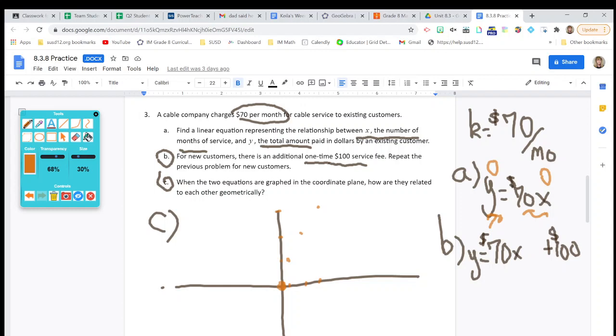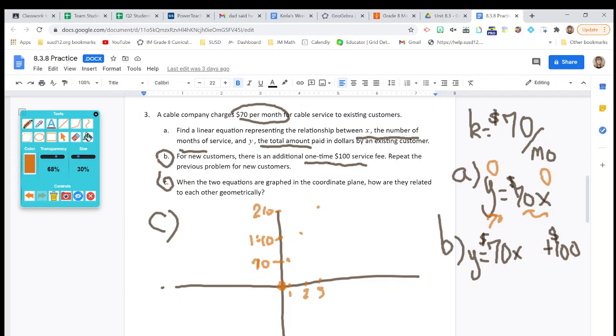So here's my graph. It goes up to 70. This is y equals 70. There we go. Y equals 140. Y equals 210. This is x equals 1, x equals 2, x equals 3.